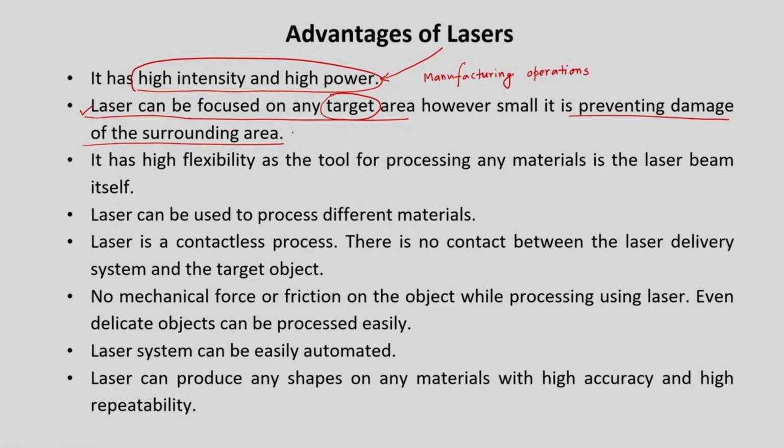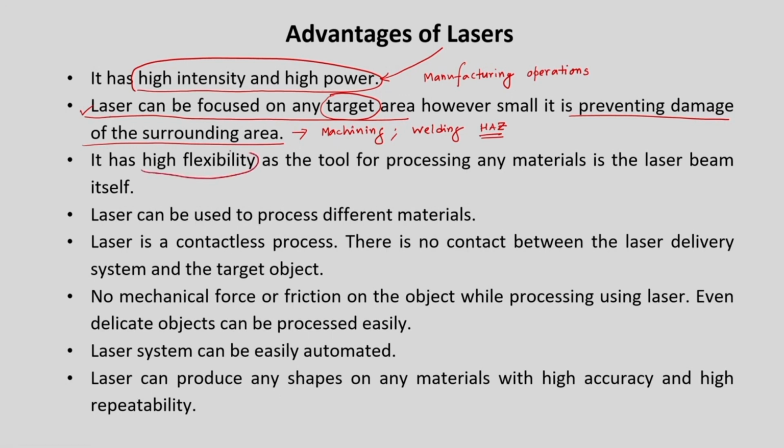This is a very useful advantage we will see during our material processing, that is machining and welding. In welding, there is a term we will be seeing in our coming lectures, that is HAZ, heat affected zone. This heat affected zone is very small when we are using lasers.